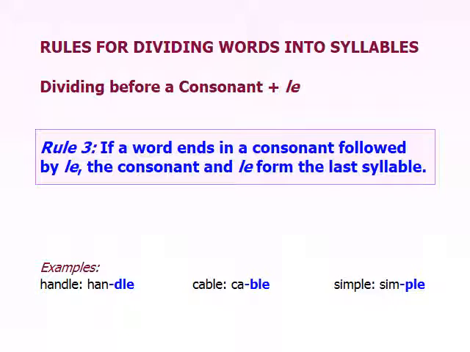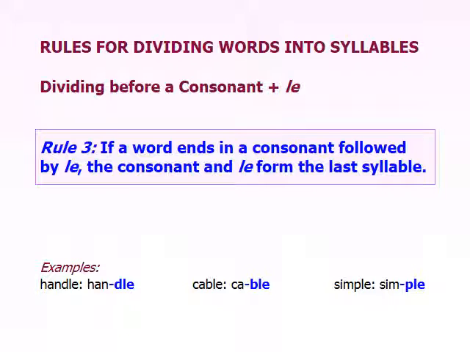So what ends up happening is that this L becomes sort of a vowel sound. So for example, in the word handle, even though the E at the end of handle is silent, we still treat the DLE as a syllable because that L sort of has a vowel-y feel to it.